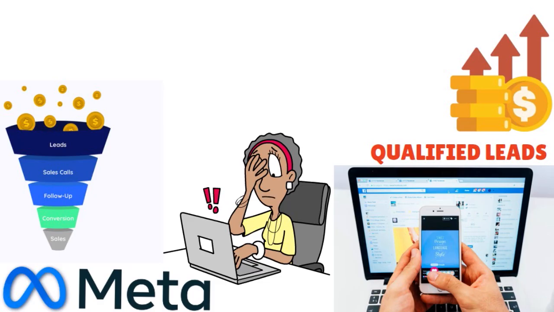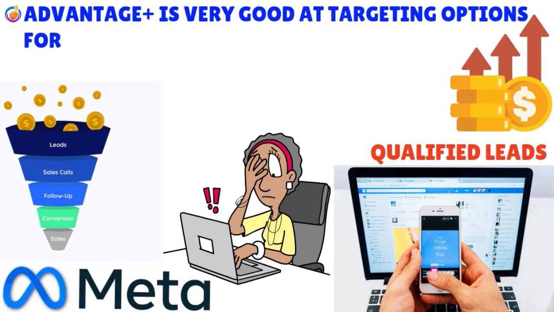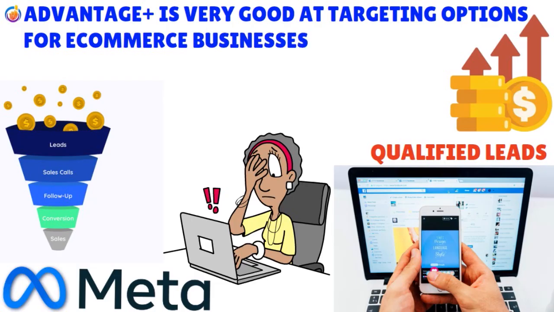So when is Meta Advantage Plus better, or at least might be better, because the jury is still out? Okay, so basically, Meta Advantage Plus, I have found, at least from my research, seems to be very good at targeting options for e-commerce businesses. Okay, so if you are selling online and you are trying to really beef up your engagement rate, your click-through rate, your revenue, so to speak, you want to really think about Meta Advantage Plus.